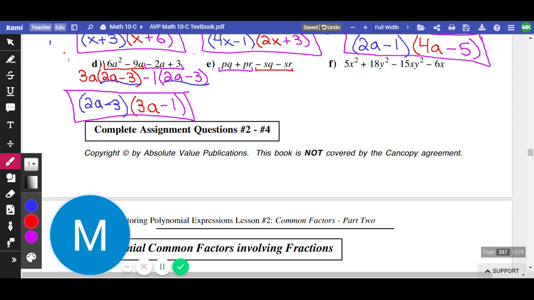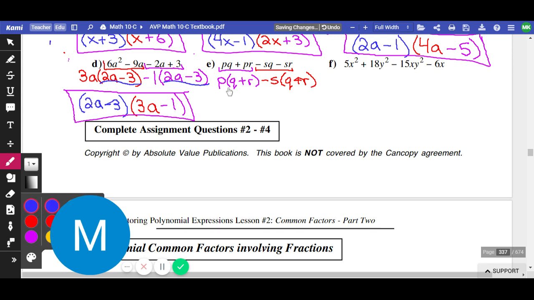The biggest thing that I could take out of that purple side would be a P, and I'd be left with Q plus R. On the red side, if I took out an S, it would leave me with negative Q minus R. We want positive Q plus R. Complete opposite. So we factor out a negative S, and it'll leave me with a positive Q, positive R.